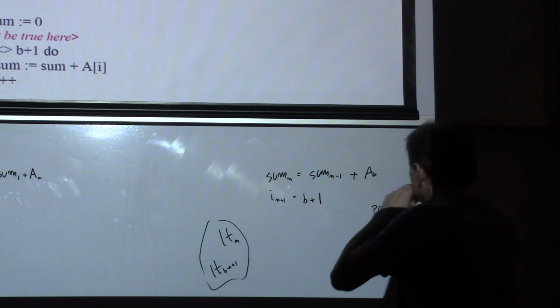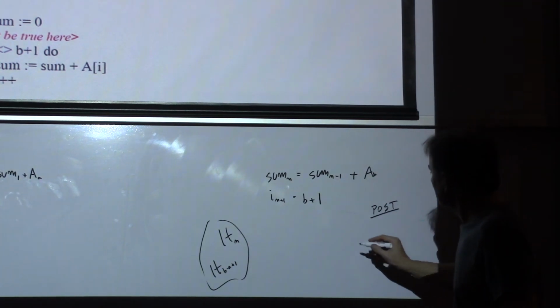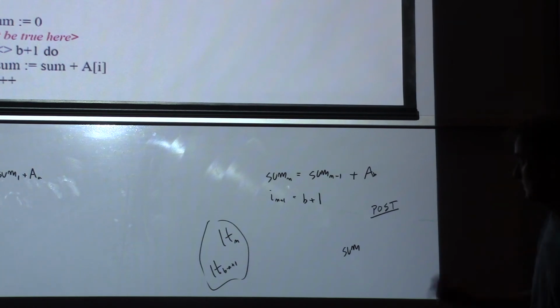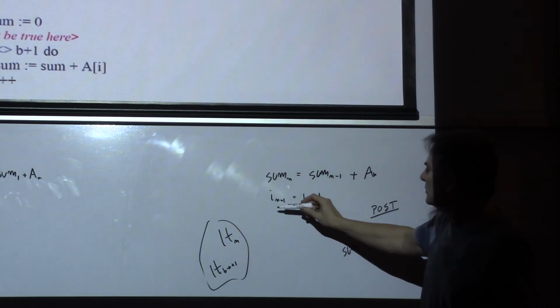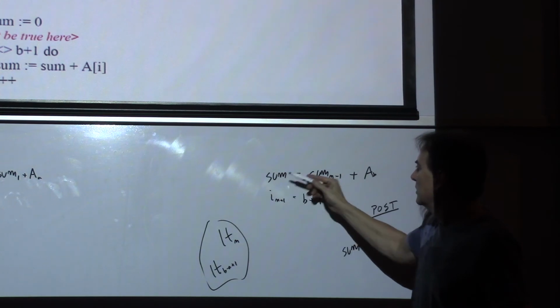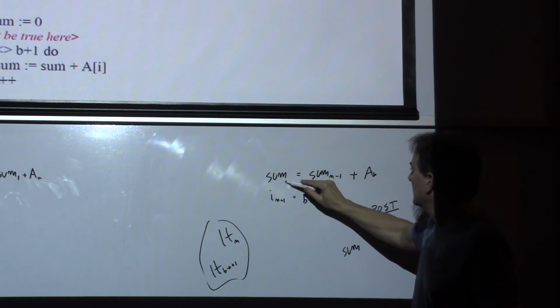So our post condition says that sum, which sum? Sum n. Because notice that this is going to be before the nth iteration, right? Actually, I should say here n plus 1.